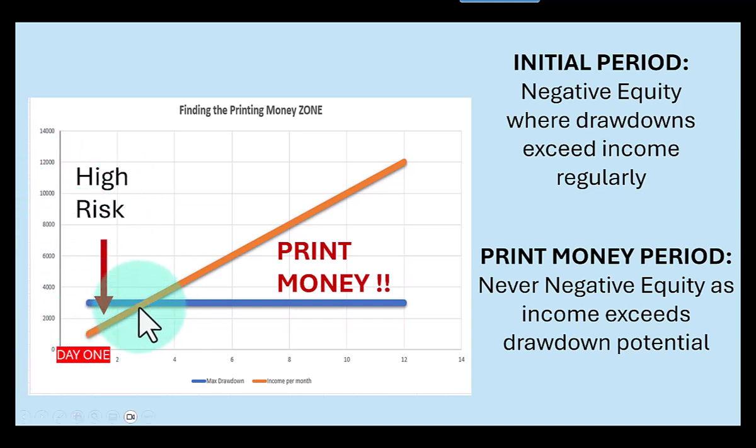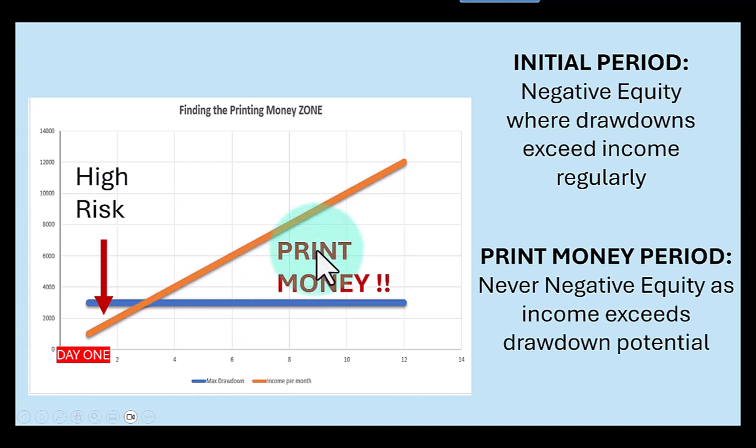Now, the problem with that is that a lot of traders start a new technique and they don't realize they're in this high risk zone. So naturally, equity will be negative during that particular period. But what then happens is, as your income grows, it outgrows the risk of your maximum drawdown.